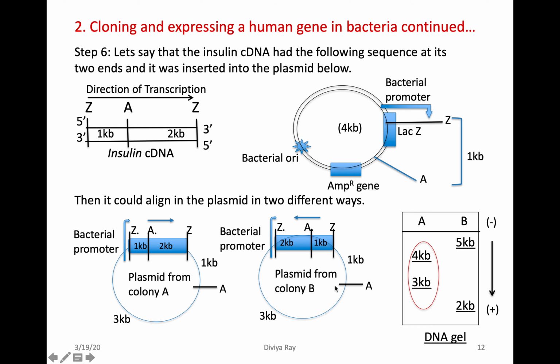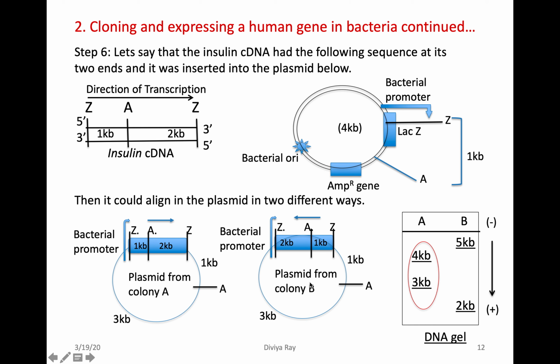But if you take a look at this one, you cut it with restriction enzyme A, you get 1 plus 1, 2 kb, and 3 plus 2, 5 kb. If you get these fragments, you know that your insert has been oriented in a direction which is opposite to the promoter.